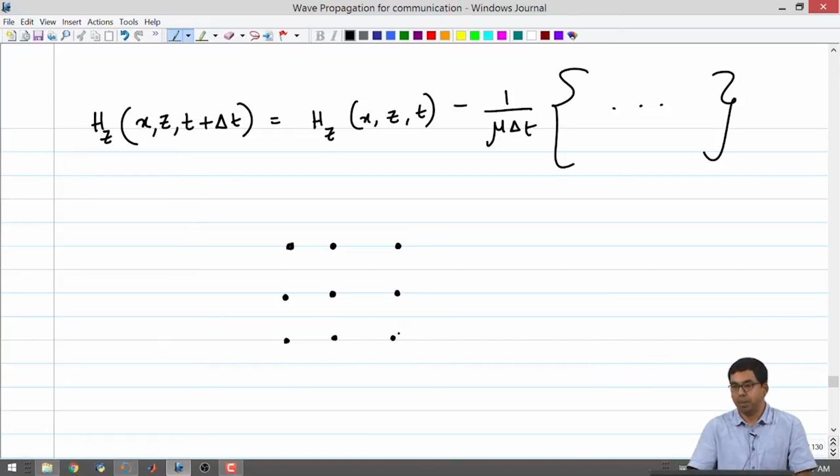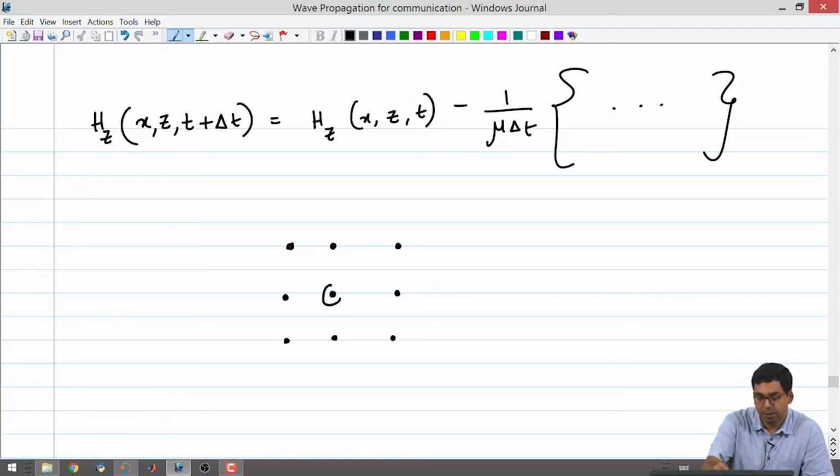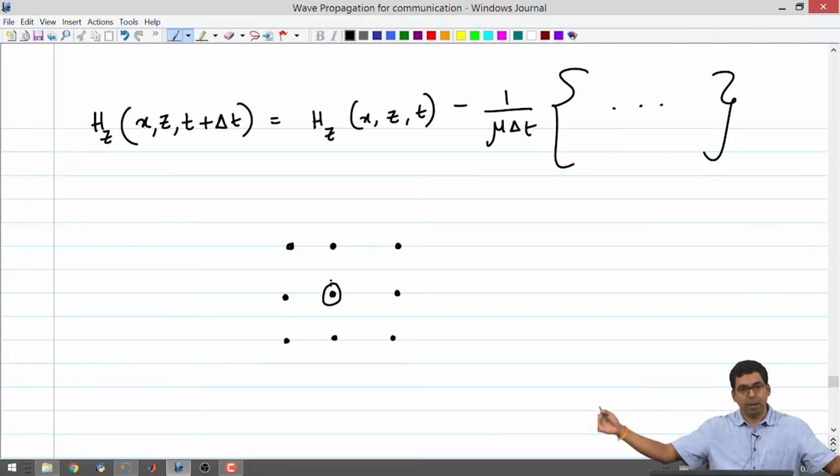Suppose I take a few grid points in my space, and let us say that I put a source over here, in this point. Now, at the next instant of time, the idea is it has to go to the next grid point so that you can see the propagation in your simulation.